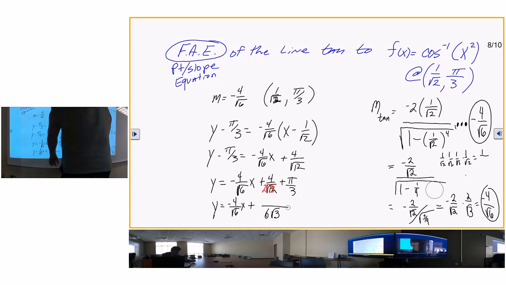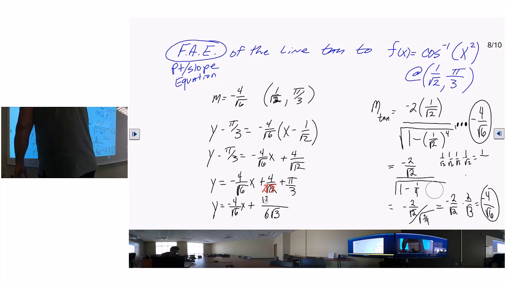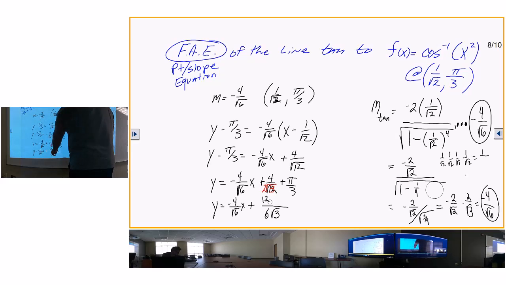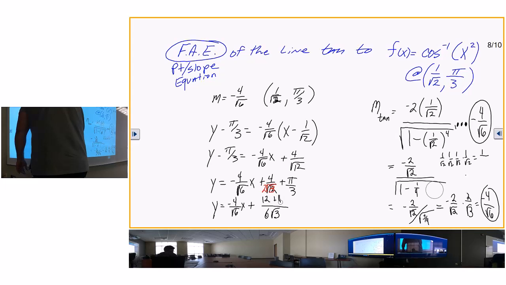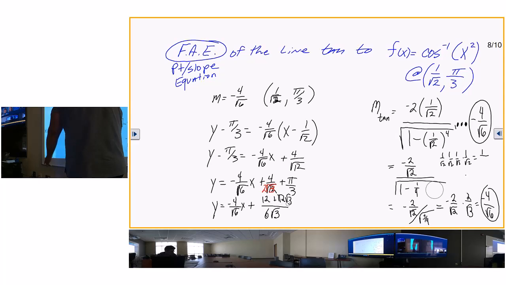2, we're going there 3 times, that will be 12. And then 3, we're going there 2 square root of 3 times plus pi times 2 square root of 3. That really ain't going to make any difference.